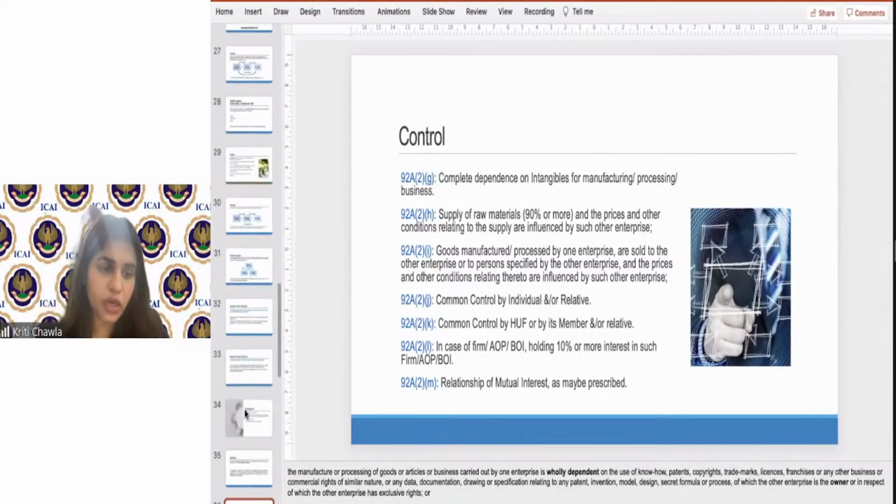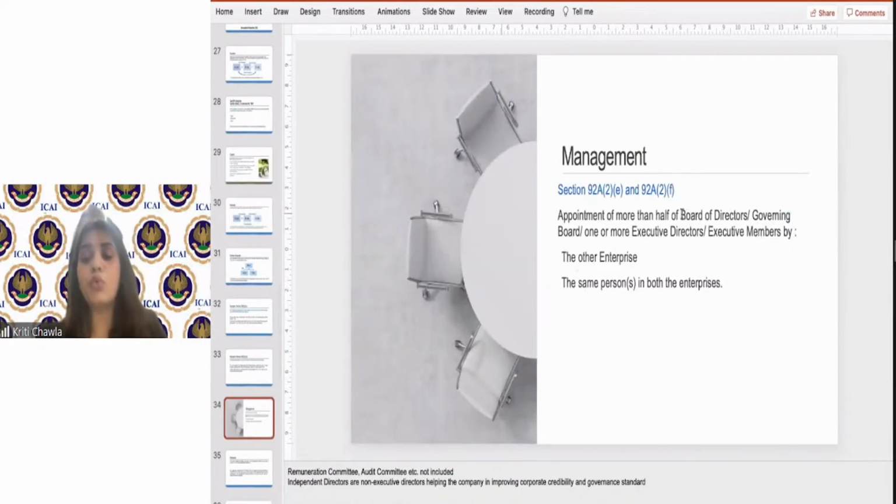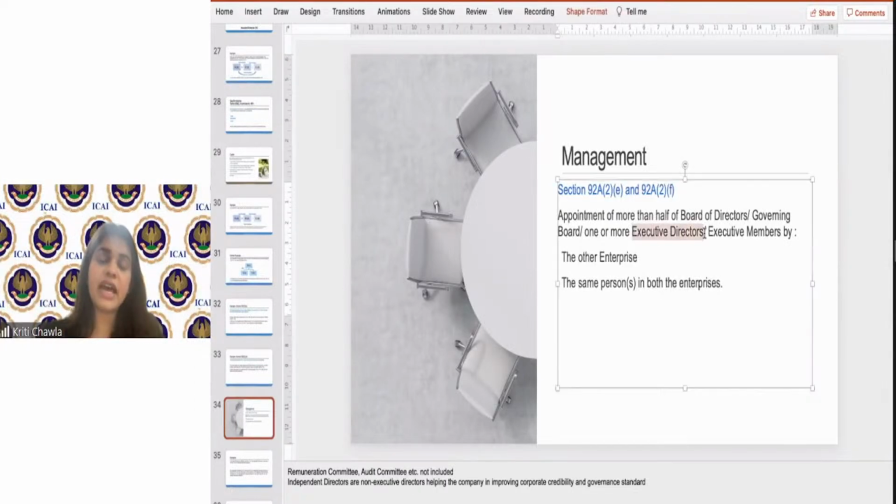So, you have to understand that when it talks about board of directors or the governing board, then it is more than half. But when they talk about executive directors or executive members, even one can constitute associated enterprises. So when it comes to board of directors, it is more than half, more than 50%. And when it comes to executive directors, it is one or more. So that is the condition.